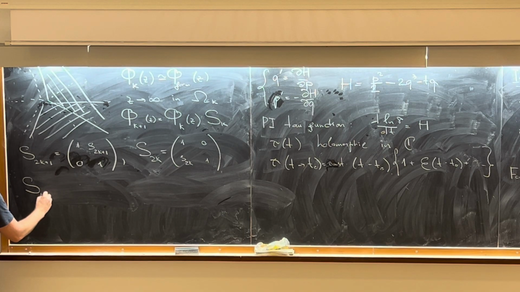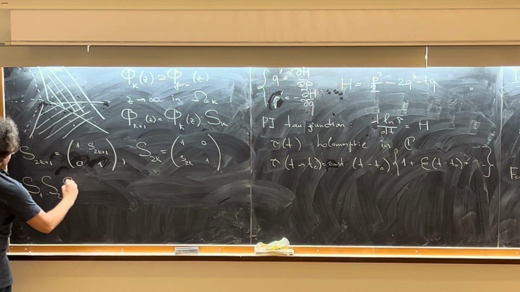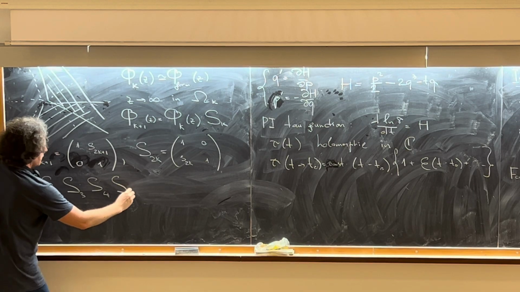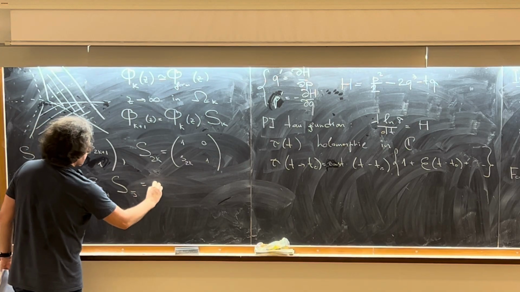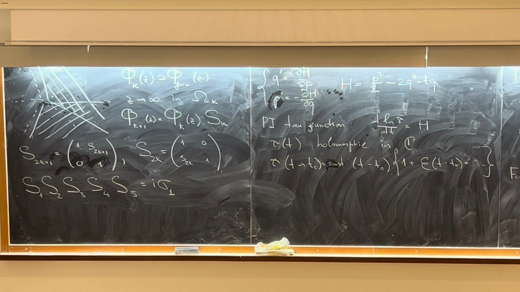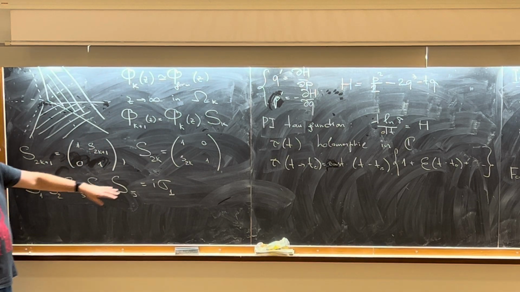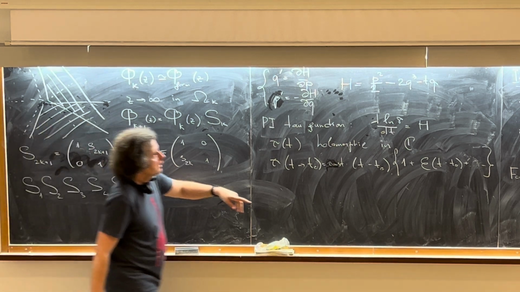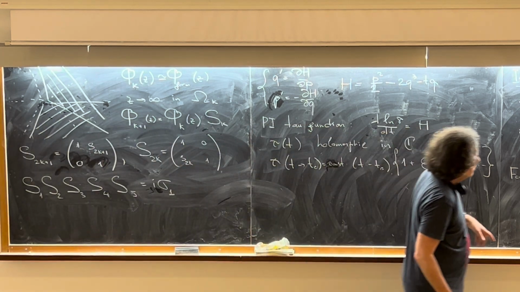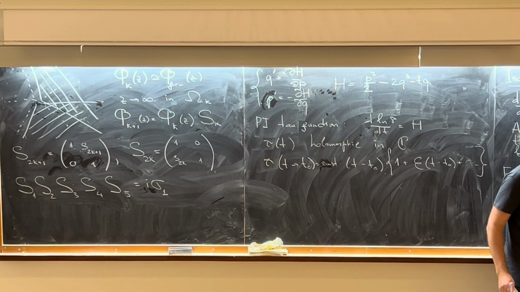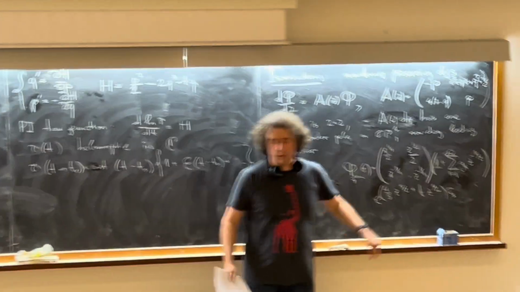So you have S1, S2, S3, S4, S5 equal to i sigma 1, the Pauli matrix. I do not want to explain the origin of this, but basically this is related to these funny powers of z here and the square root in the exponential. Okay.